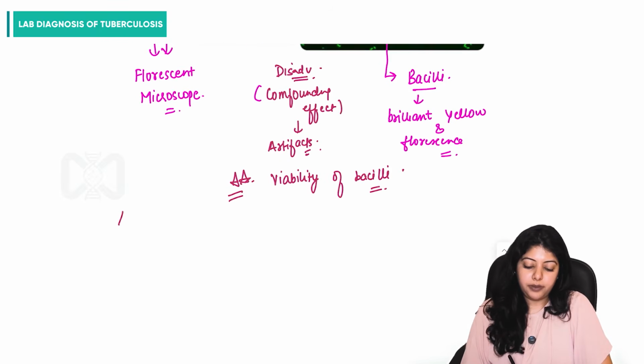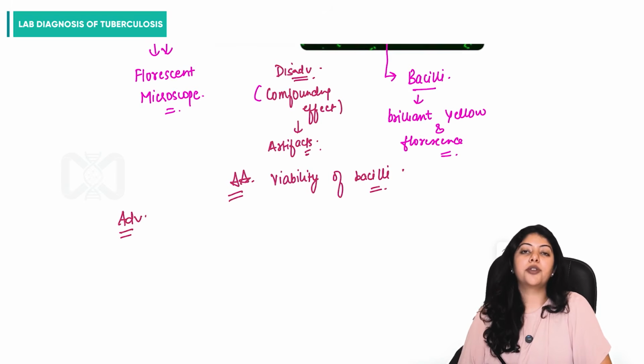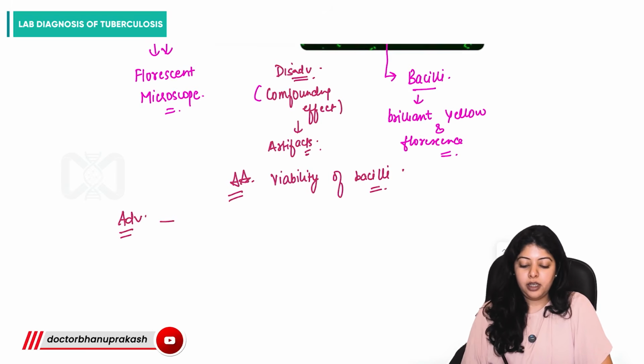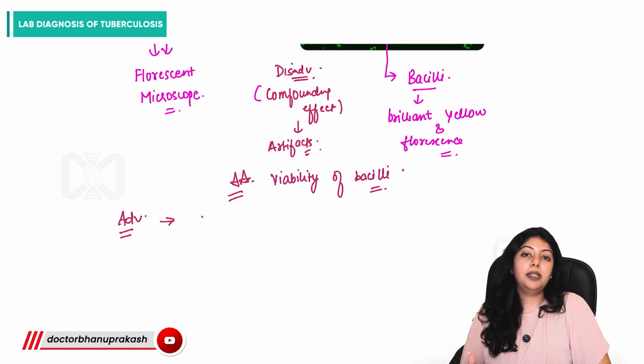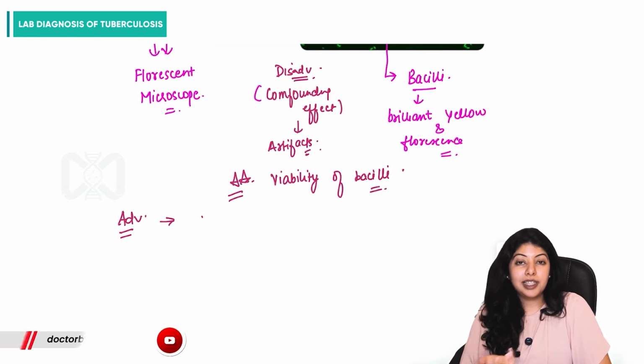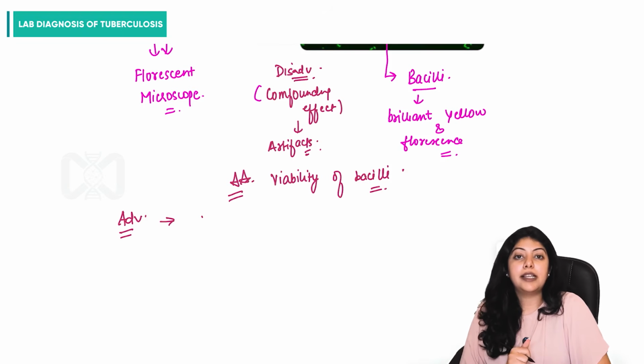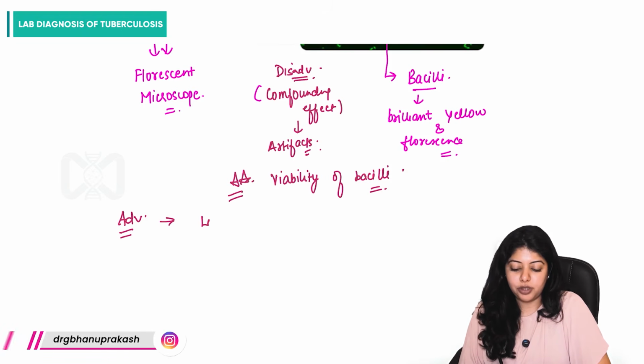But one major advantage associated with fluorescent staining is that the turnaround time is going to be less. Because of the fluorescence, you are able to detect better and you're able to screen a large number of fields in considerably less time. So this is less time consuming.